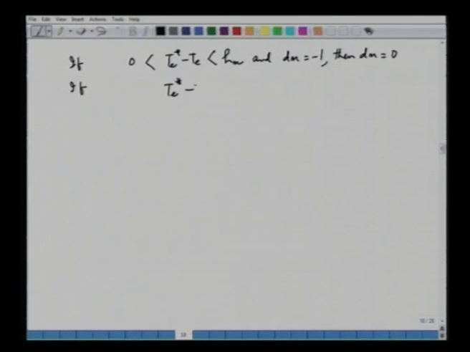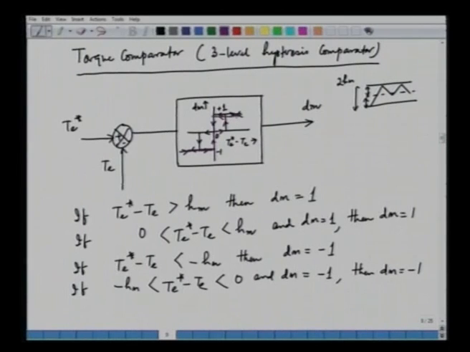And in a similar fashion we can say that if T star minus T e is greater than minus of H m, less than 0, and d m equal to plus 1, then d m is equal to 0. If we are coming from the upper side, and we are going into this region, then the torque status will again be equal to 0.